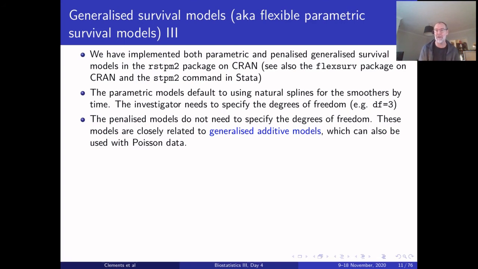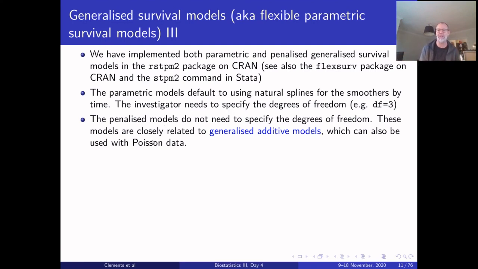But apart from that, the model formulation should look very similar to Cox. For the penalized models, we don't need to specify the degrees of freedom. What this does is choose a smoother which gives a balance between a reasonable model fit, but you don't want the function to be too wiggly.